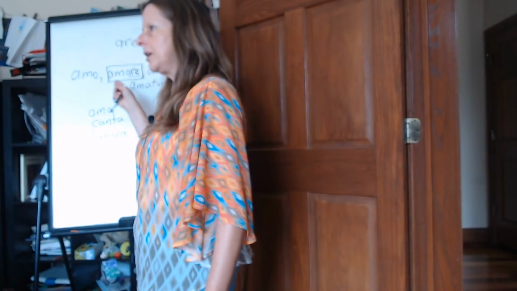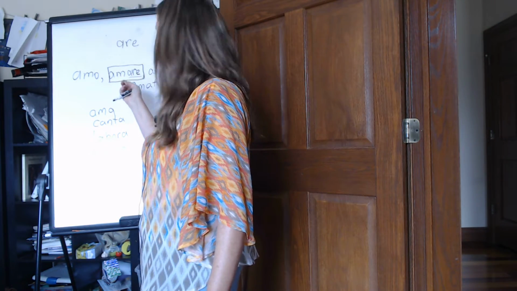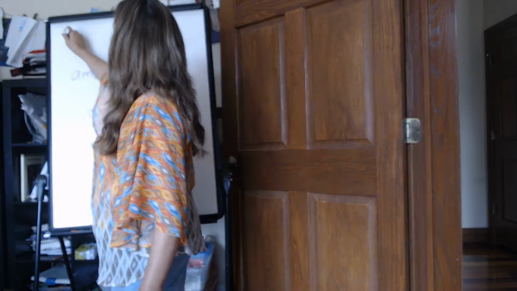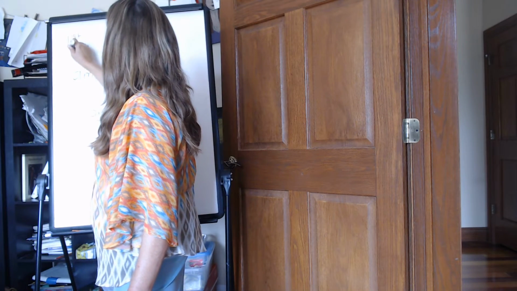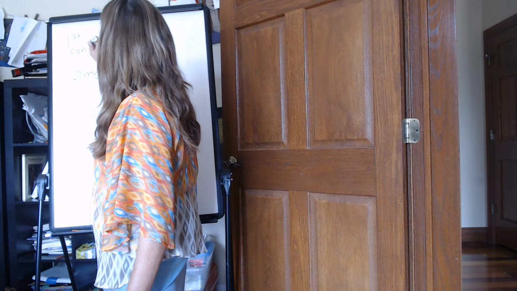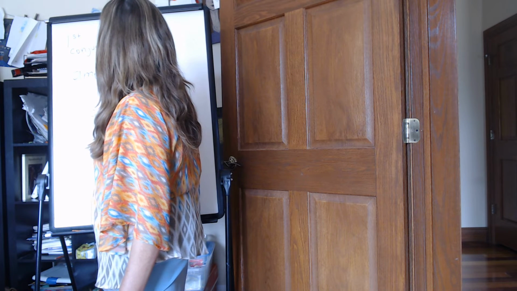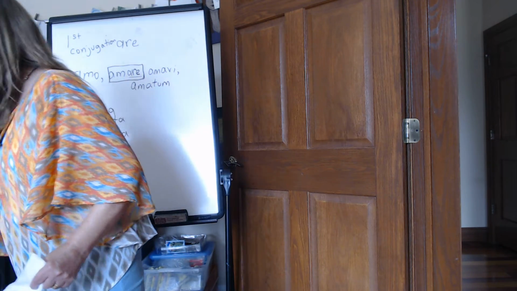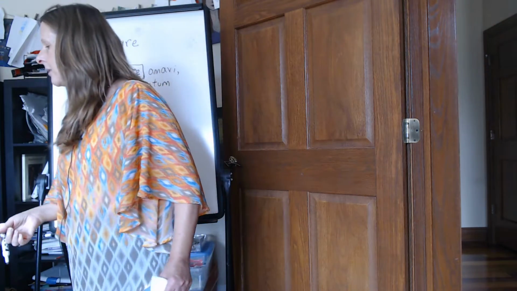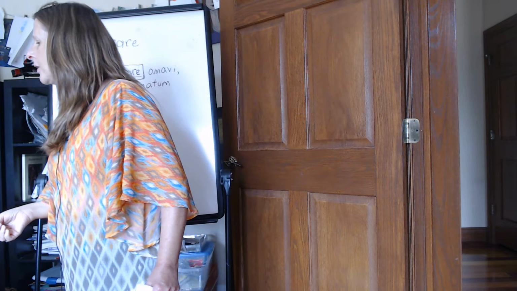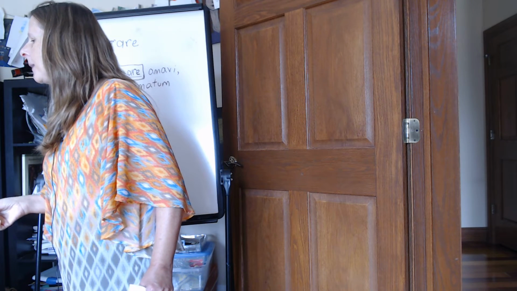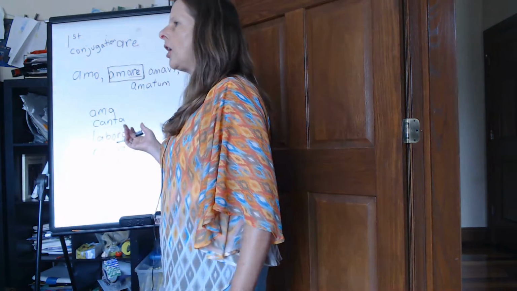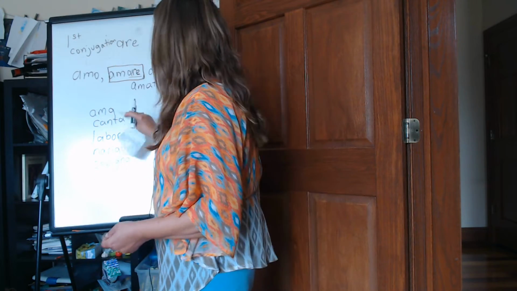Every verb with a second principal part that ends in A-R-E is what we call first conjugation. And I believe they gave you a definition, yes. A conjugation, it says on page 11, is a group of verbs that share similar patterns for their endings. It's a group of verbs that all use the same endings.